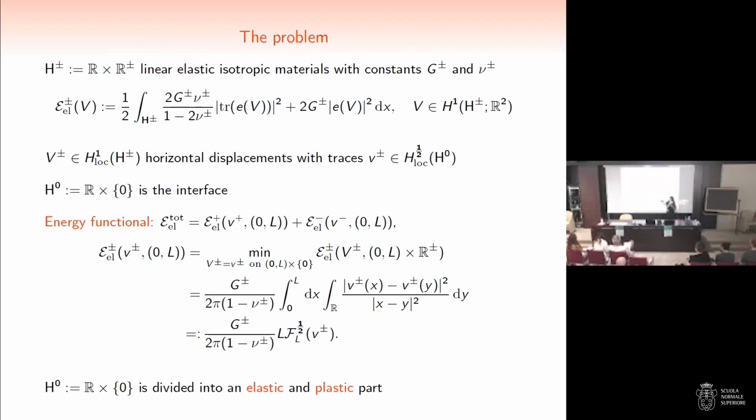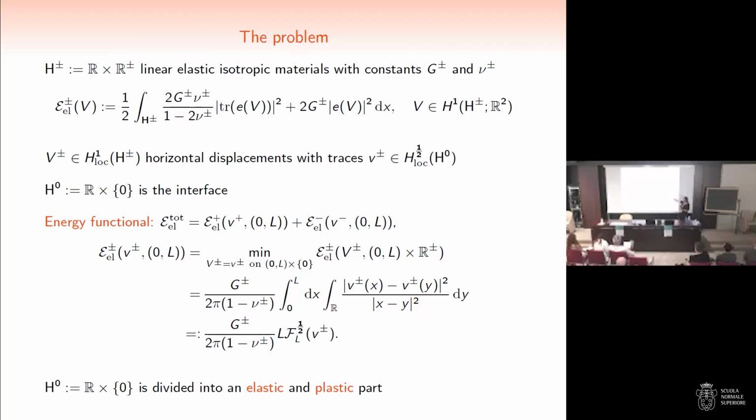This is the reason why I put myself on a large box, 0 to capital L. I assume that v is L-periodic, and that L is larger and larger than the periodicity scale that I want to see. Then instead of considering the infinite fractional Gagliardo seminorm, I consider a kind of density of the Gagliardo seminorm that depends on this length L.